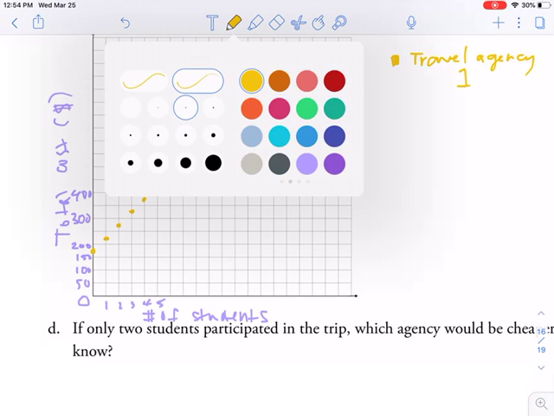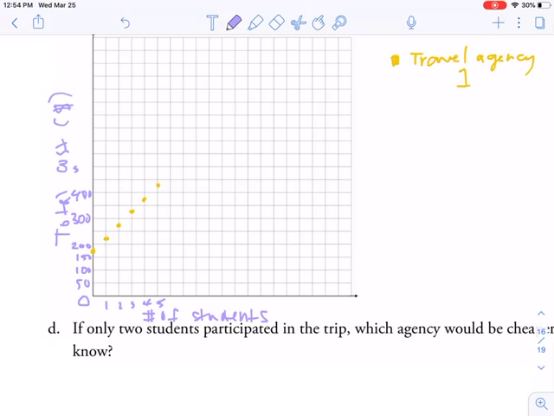Maybe I'll add another axis label up here, just 500, so you know where we're headed. Then we're going to put a line through it. Always a little bit of a risk with this program, this stylus. Okay, there we go. That's not bad.